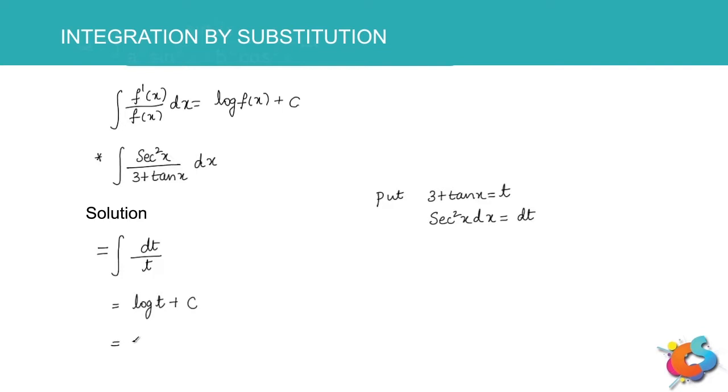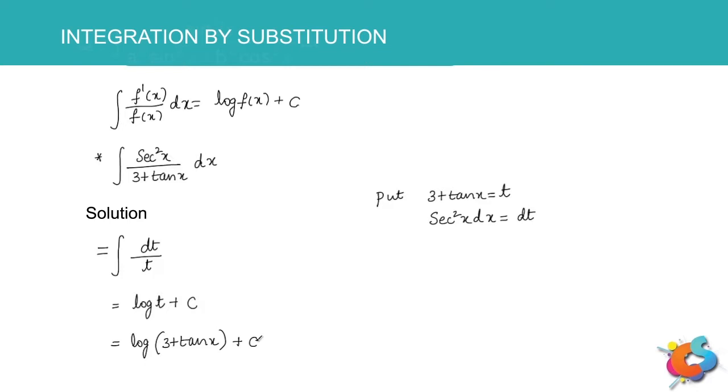But we assumed the variable t as 3 plus tan x. We need to replace t. So therefore the integration of secant square x by 3 plus tan x becomes log of 3 plus tan x plus c. This is one way of doing the problem.